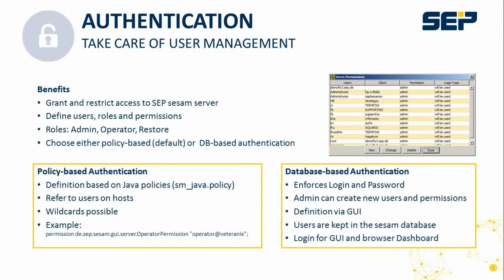In the next step, with our next version, there will be some integration into Active Directory and LDAP. And this is the next step of authentication, because then SAP sesam does not take care of its own authentication, users and policies. Then we make use of the Active Directory or the users which are provided there and the permissions.